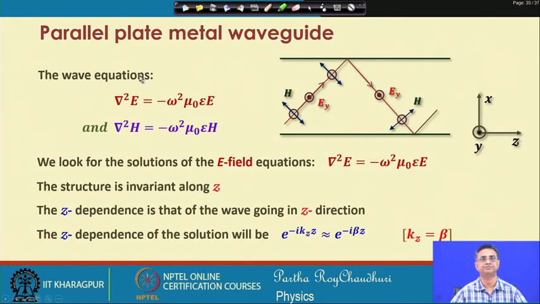So, we will again refer to our configuration, which is a very useful and nice way of understanding the modes in the structure. You have a possibility that the electric field is tangential, whereas the magnetic field components are lying on the xz plane, which will constitute a TE mode.